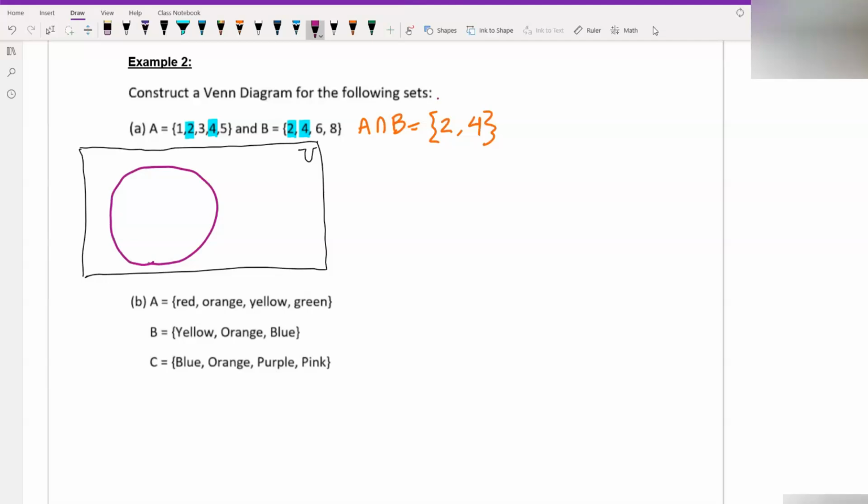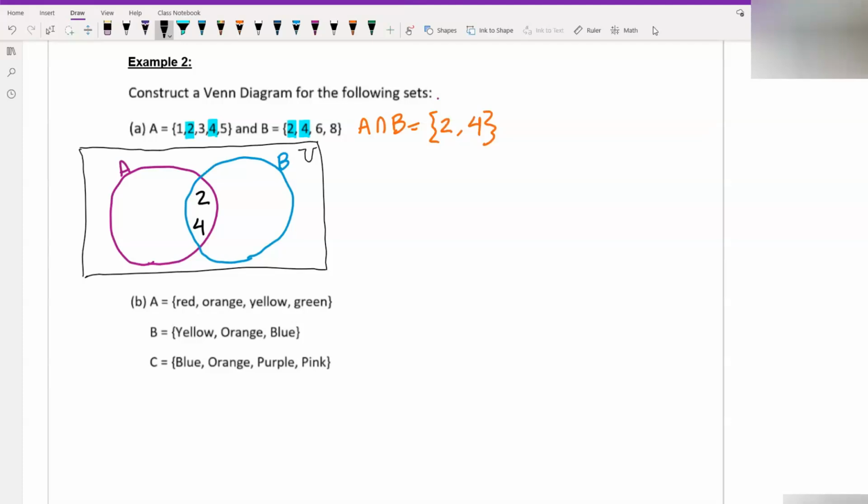One for A and one for B. Since we have intersection, I'm going to draw this way because I'm trying to write these numbers inside the part that is in common between these two circles.